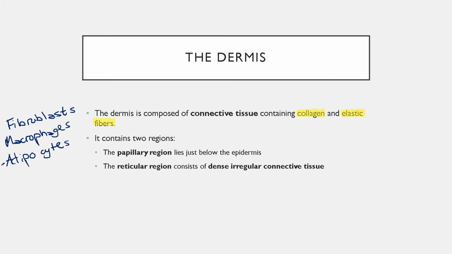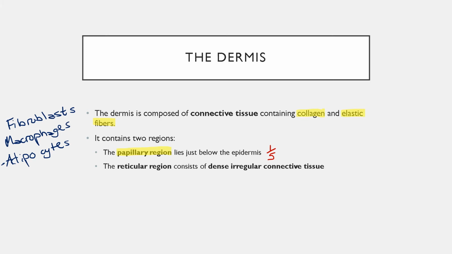Okay, now there are two regions of the dermis. We have a very thin papillary region. This makes up about 1/5 of the thickness of the total layer. We're going to see a lot of collagen and very fine elastic fibers in this layer.